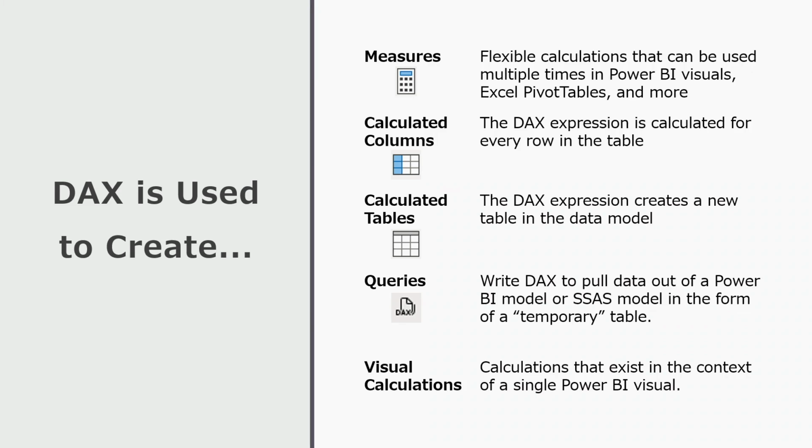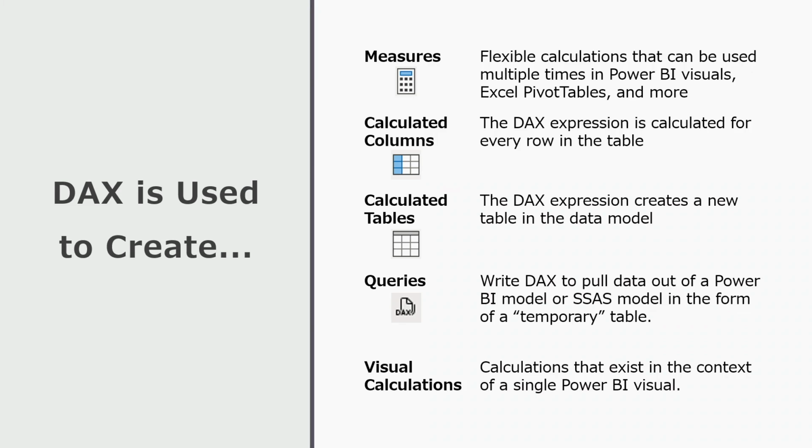DAX can also be used to create something called calculated columns. Now there's some people in the DAX community whose spidey senses just went off and they said, oh, calculated columns, don't listen to this guy. Well, okay. Calculated columns have some gotchas, some flags, some things we have to watch out for with them.